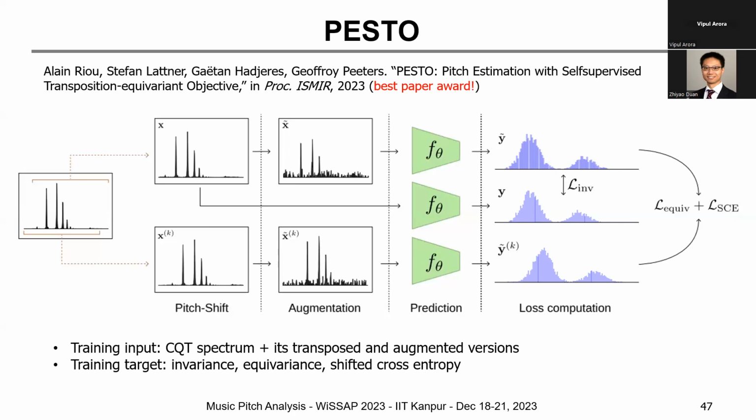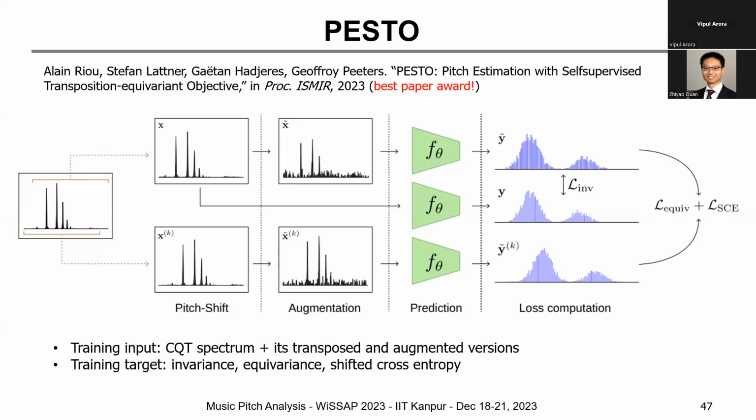And we want these two outputs to be as close as possible, right? Because this one is the original, this one is the noisy version. We want the model to be noise robust, so we want the output between these two to be very similar. So this is called invariance loss. We want the pitch detection result invariant to the noise.